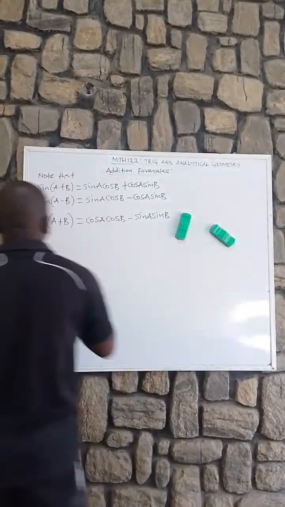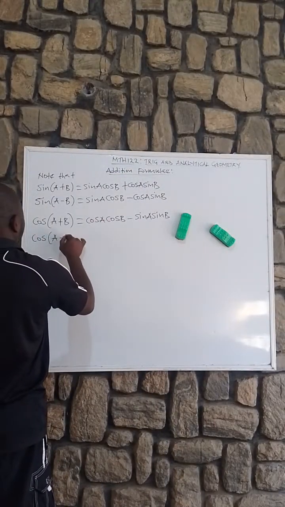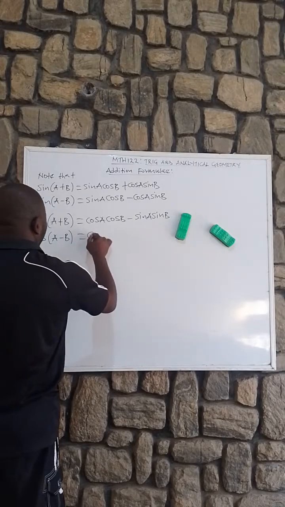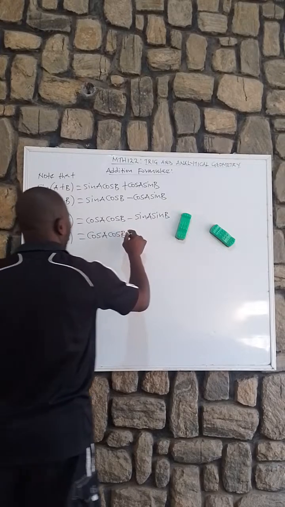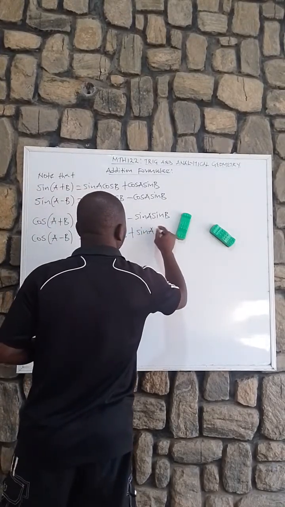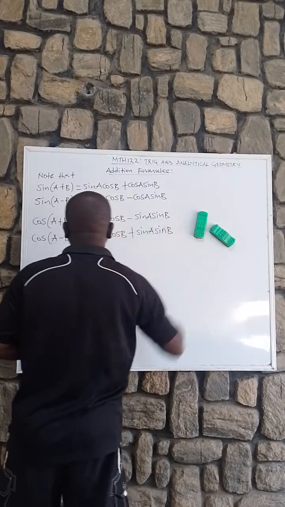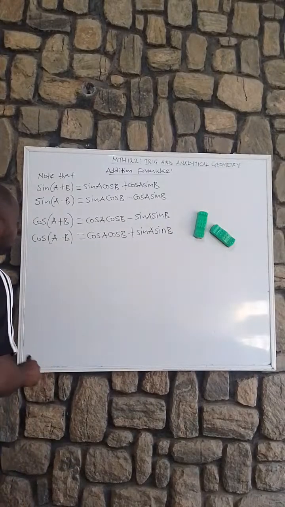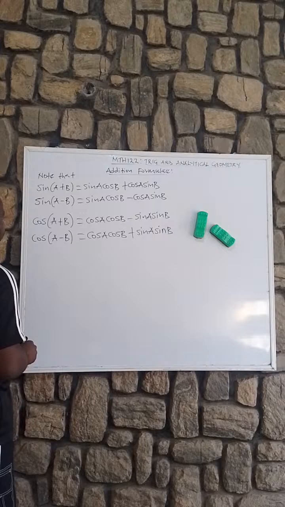Then cos A minus B is equal to cos A cos B plus sine A sine B. So far so good.